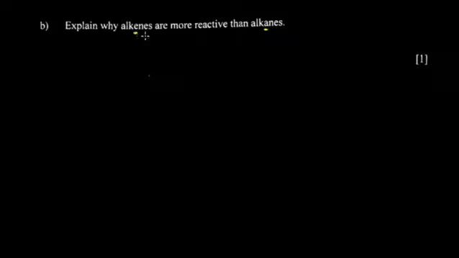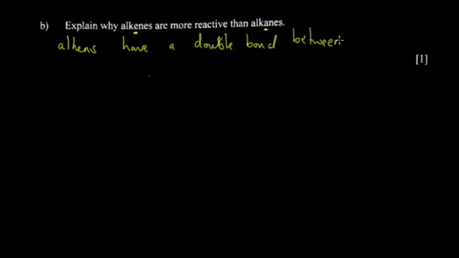The reason alkenes are more reactive is that alkenes have a double bond between their carbon atoms. So there is at least one double bond between the carbon atoms in alkenes.